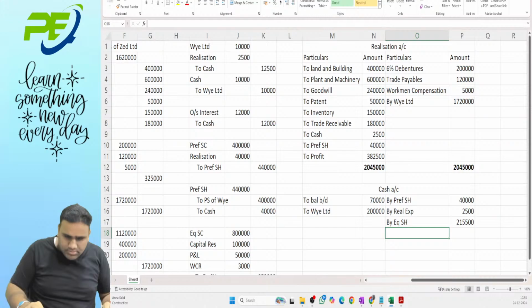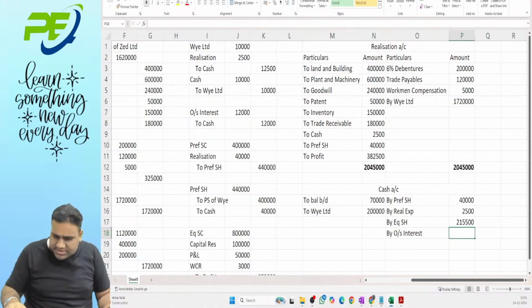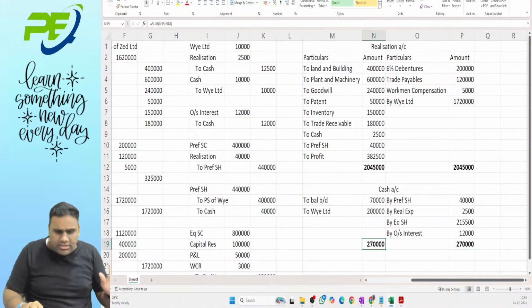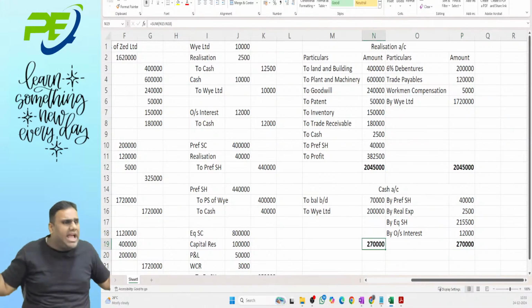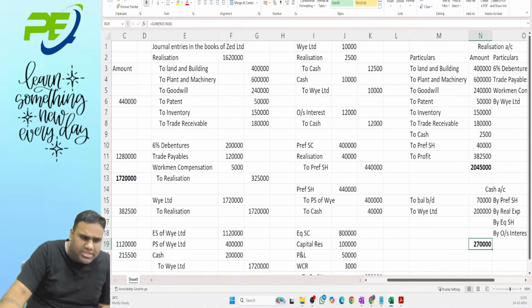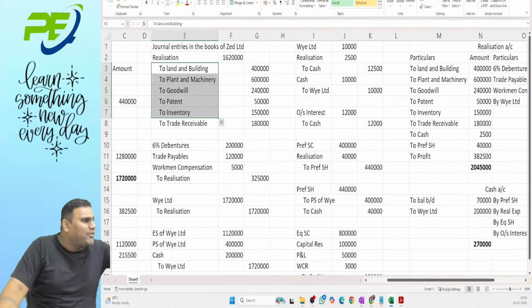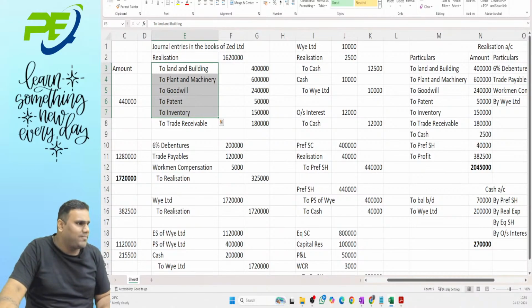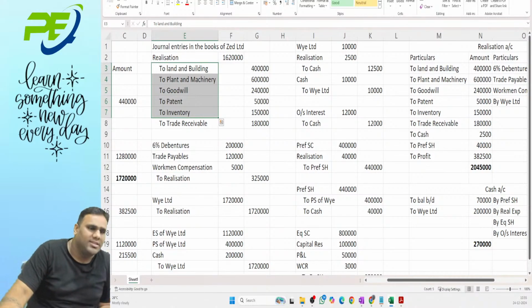So by outstanding interest 12,000. It is 270. Everyone, cash account tallied. Now all these asset accounts also tallied. Whatever was there in the balance sheet, we have reversed.